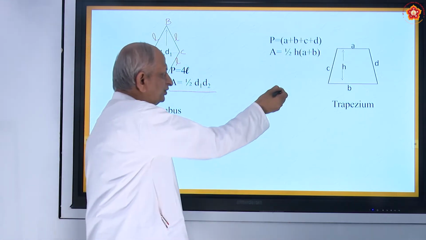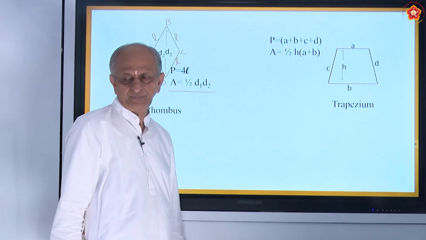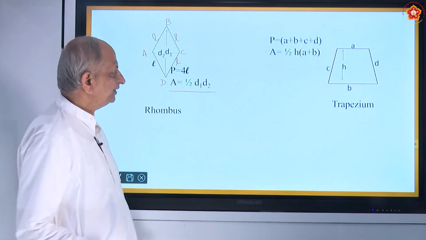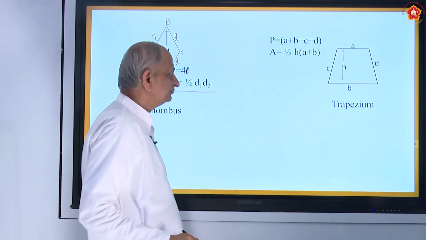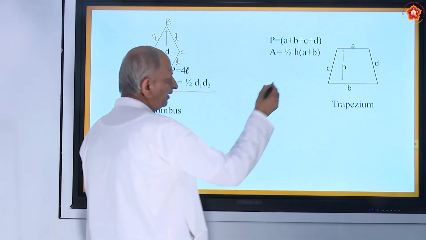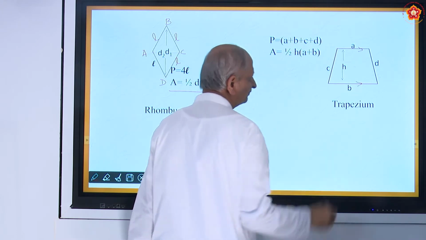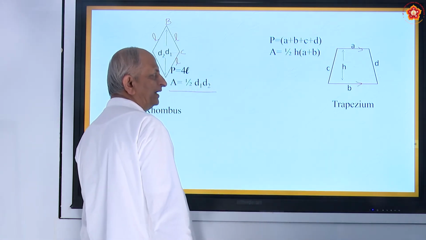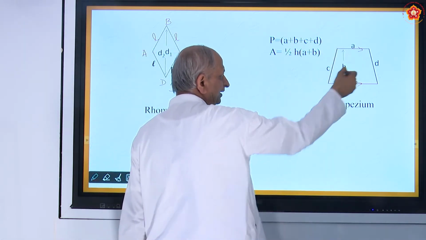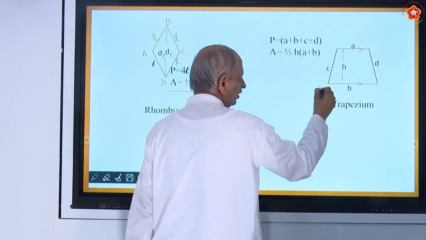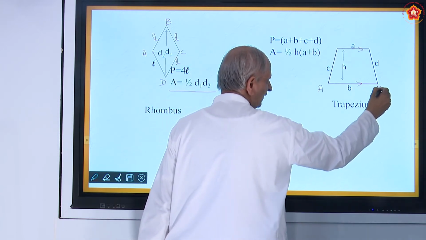And the next one is called trapezium. So a trapezium is again a quadrilateral having one pair of parallel sides. So this is one pair that is parallel. Suppose you call this trapezium ABCD.